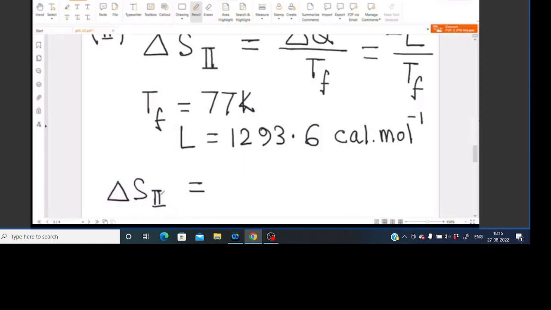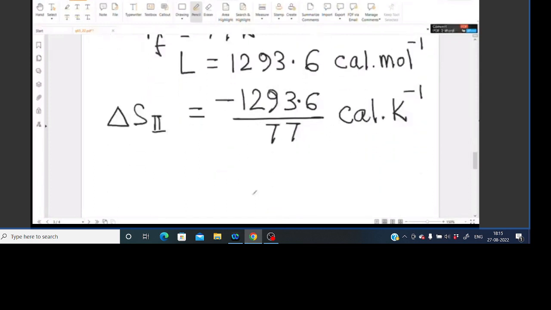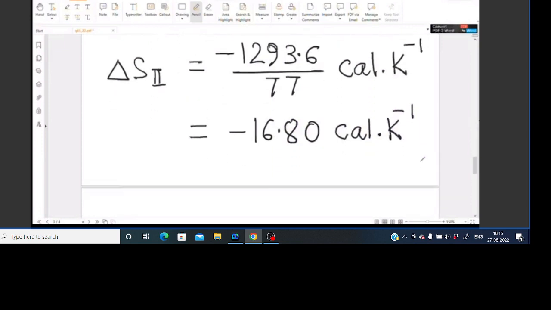So the change of entropy in process 2 is equal to minus 1293.6 by 77 calorie Kelvin inverse. After calculating, we get minus 16.80 calorie Kelvin inverse.